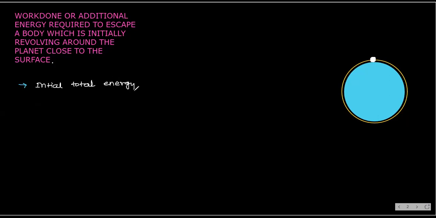Total energy is equal to minus GM by R plus half mv square.